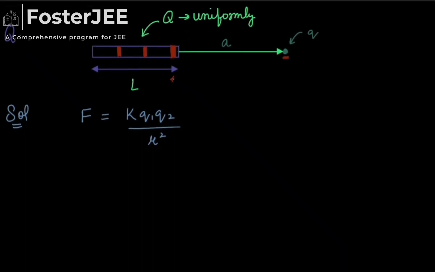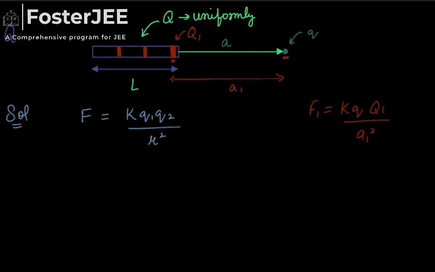If the distance between them is A1, then the force will be written as F1 equals K Q, suppose its charge is q1. Then the force between this particle and this charge will be K q1 upon a1 square.